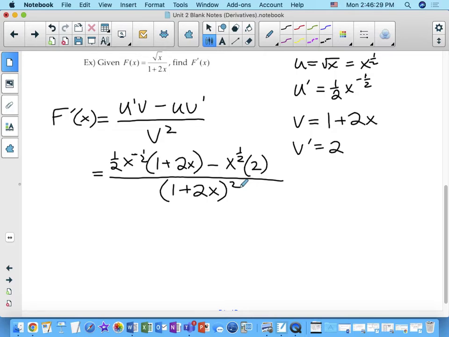And by the way, the reason why, when I found those parts, u prime and v prime, specifically here u and u prime, I left u prime as a negative exponent and not a radical, is because I was thinking a little bit ahead and I knew that I was going to have to do some distribution here, which meant I was going to have to use my exponent laws.